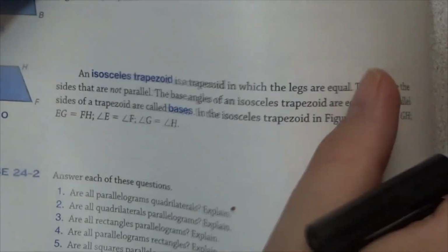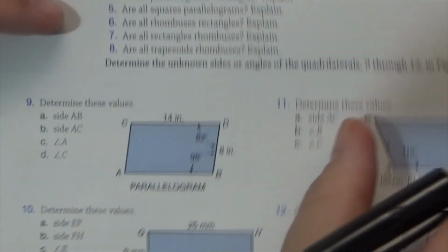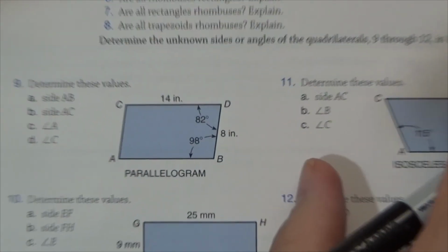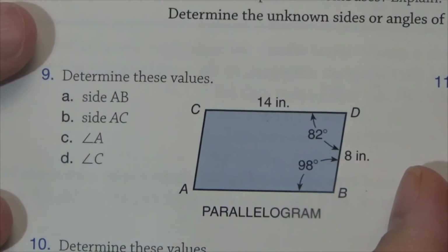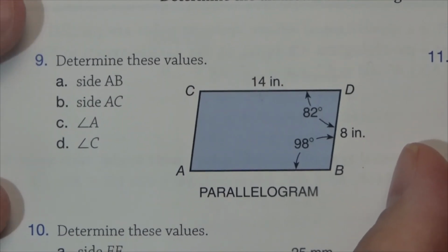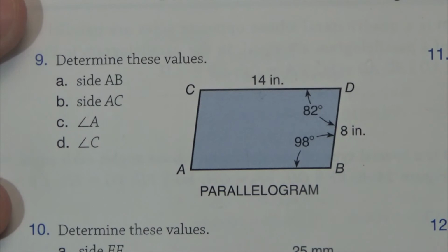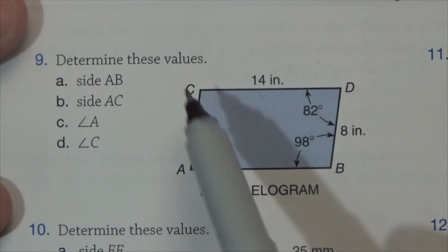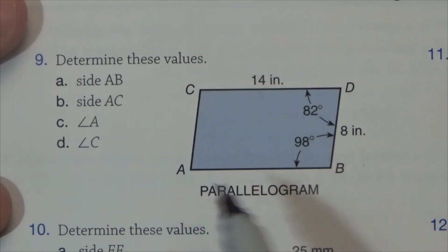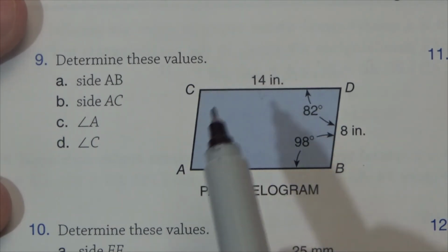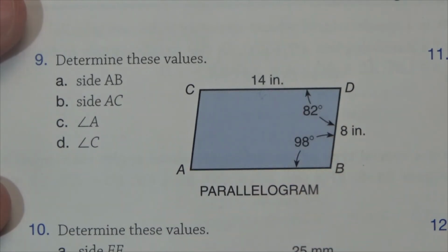Okay, so now, one thing about a parallelogram, let me zoom in a little bit more. What we're looking for here is side AC. So we're looking for this side and this side. We're also looking for that angle and that angle right there.